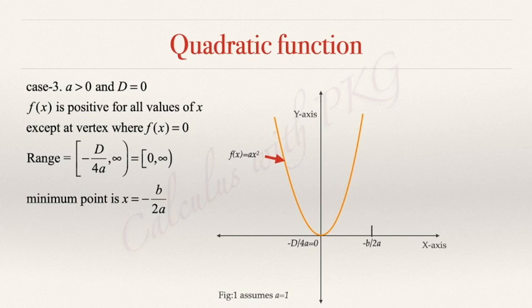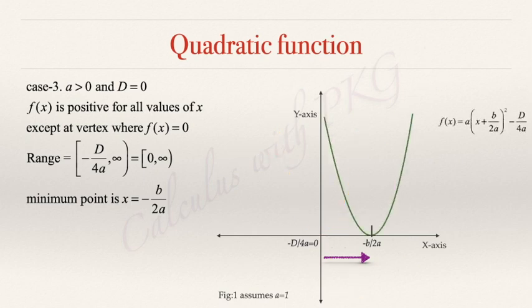So here the parabola opens in the upward direction. Now if we shift the parabola again by minus b by twice a units to the right, we will get a new function, that is f of x equal to a times x plus b by twice a, whole square, minus d by 4a.